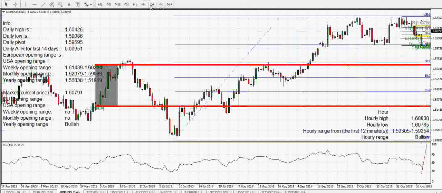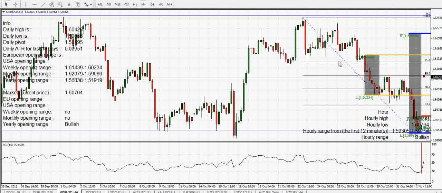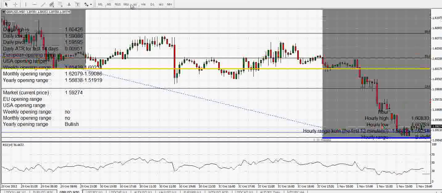Then I do the same for the year, the lowest low and highest high in this year. And then I have fib levels. On this chart I have fib levels in blue and black, and right now I have a lot of fib levels.